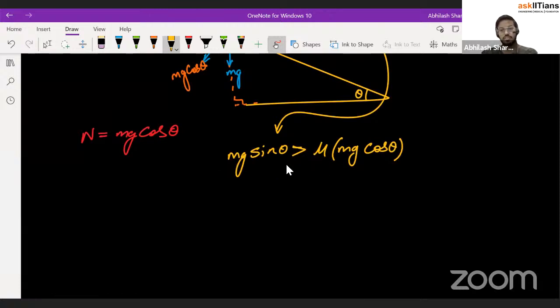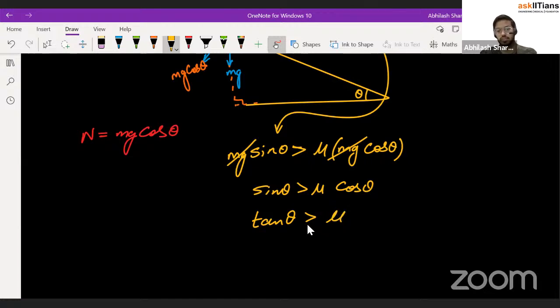And so we find out at what angle the block starts to slide down. And an amazing thing you're observing here. Just look what is happening. Weight is canceling out. Sine theta is greater than mu cos theta. And we find that the angle at which the block starts to slide down is this: tan theta greater than mu.